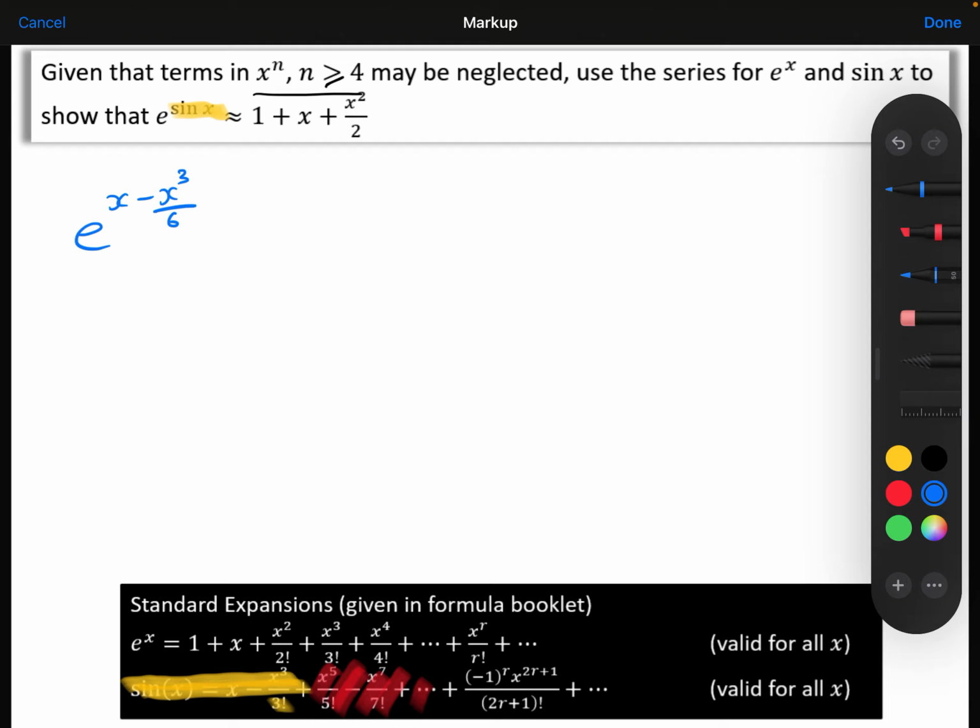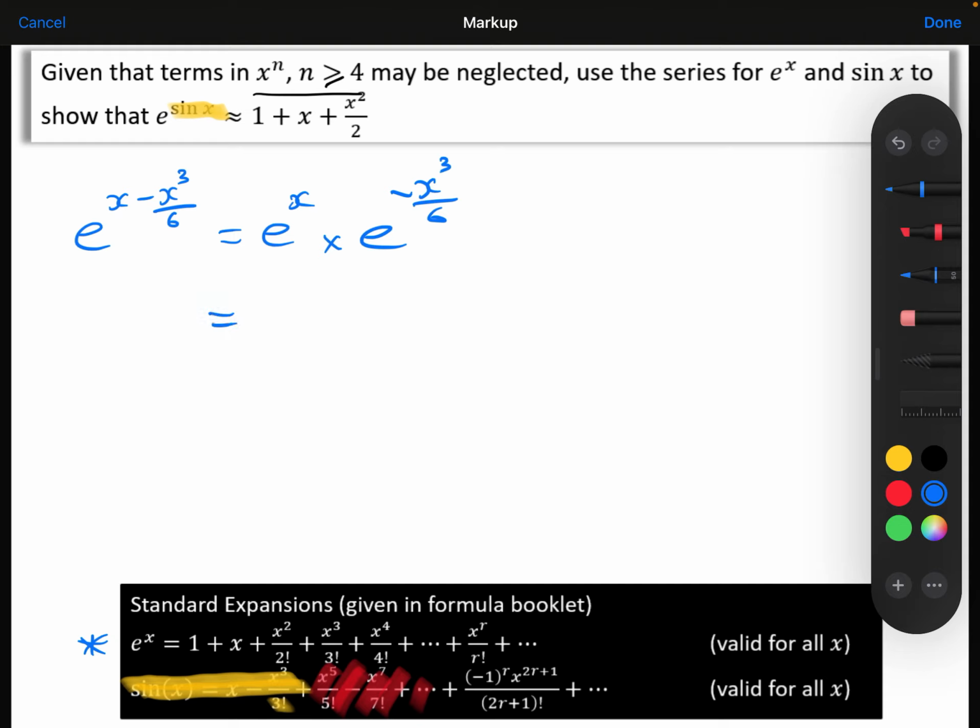In order for me to use the e to the x expansion, to make this simple for myself, I'm actually going to split this into 2 using index laws. I know that e to the power x minus x cubed over 6 is the same thing as that.